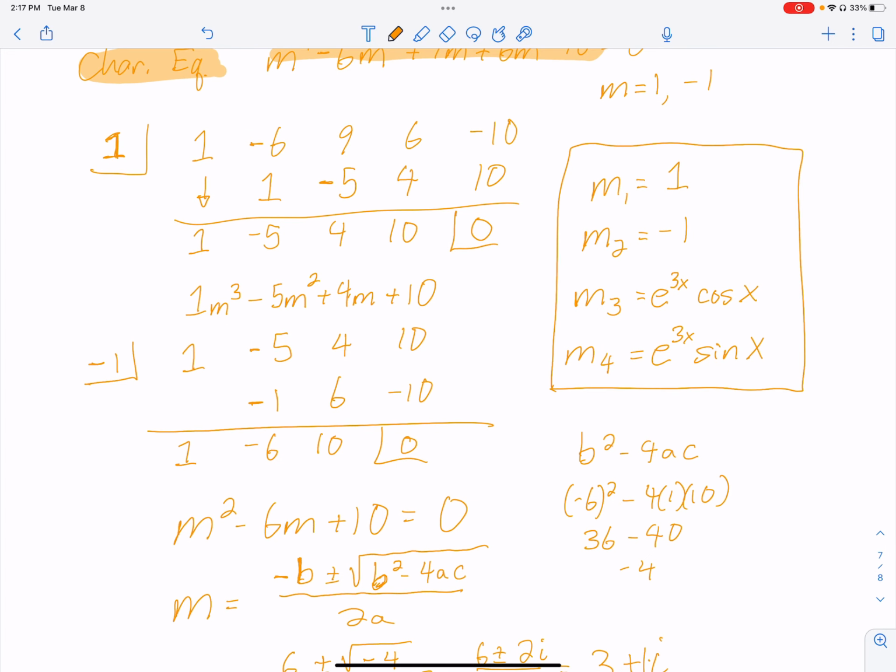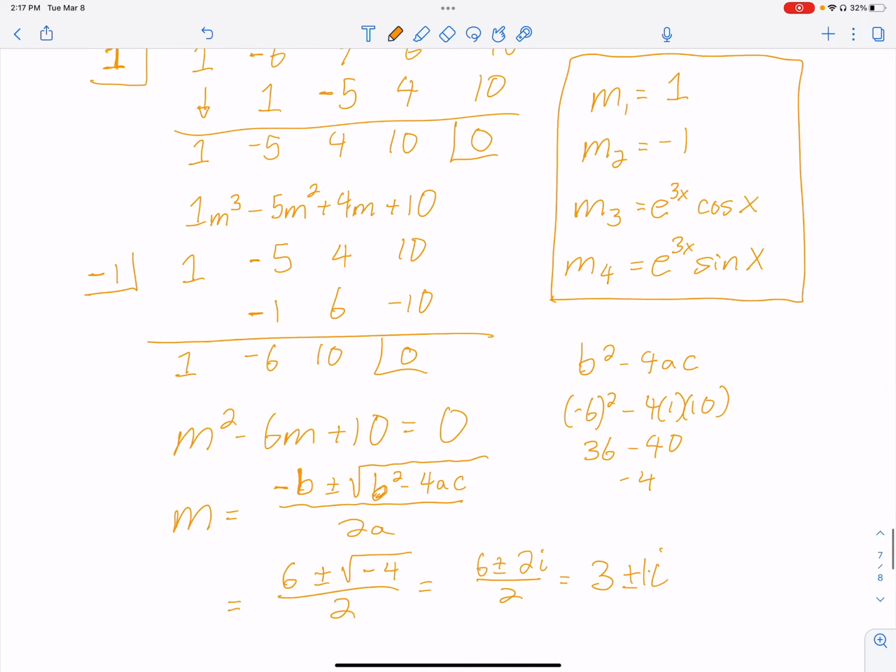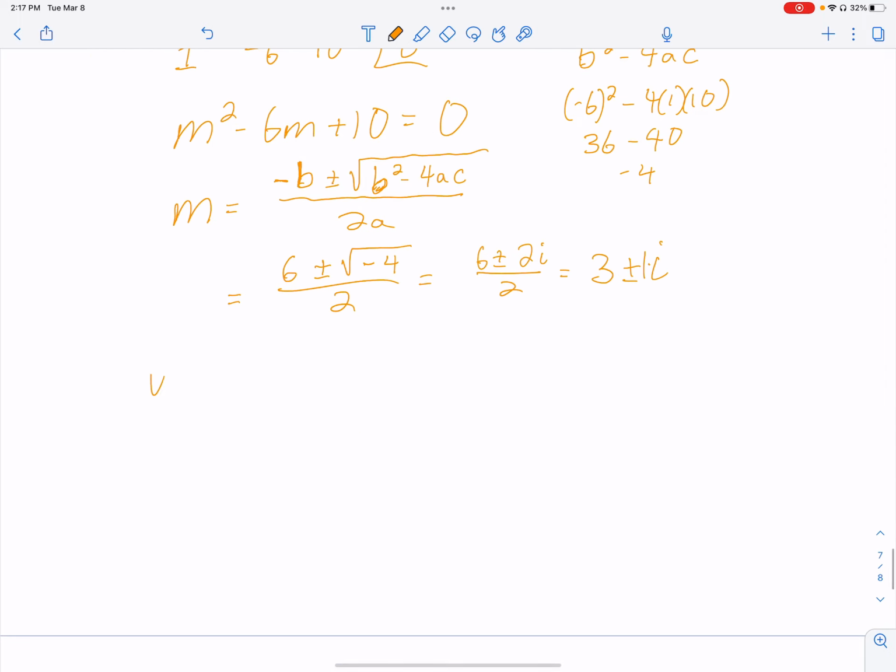All right, so those are our solutions. Let's write these out. y1 equals e to the 1x. y2 equals e to the -1x. y3 equals e to the 3x cosine 1x.